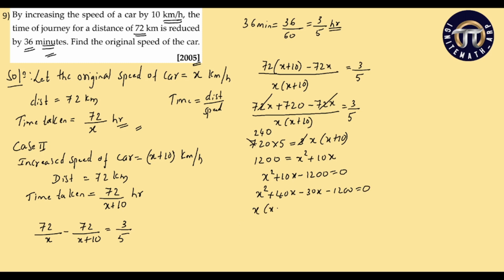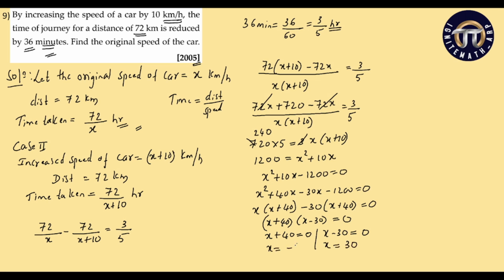So x of x plus 40, then minus 30 is taken common, x plus 40 is equal to 0. So x plus 40, then x minus 30 is equal to 0. x plus 40 is equal to 0, then x minus 30 is equal to 0. So here x is equal to 30 I get. Here I get x is equal to minus 40, which is ignored.